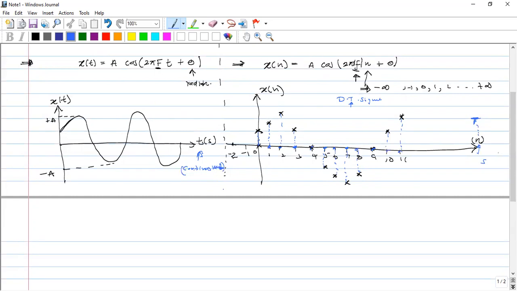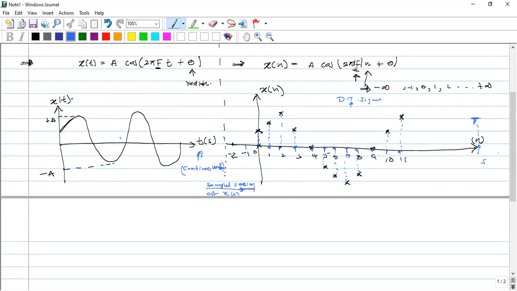If we take this discrete time signal, we can define it as a sampled version of this time domain signal xt.